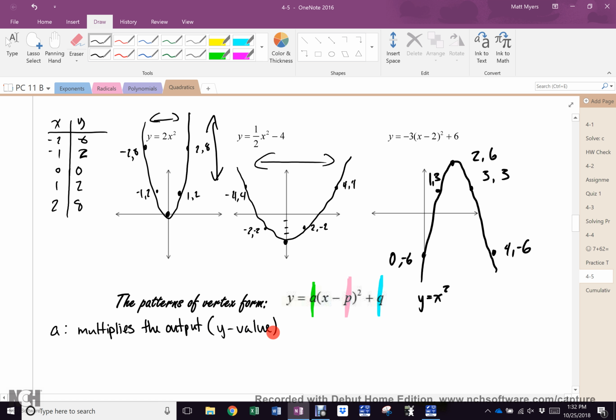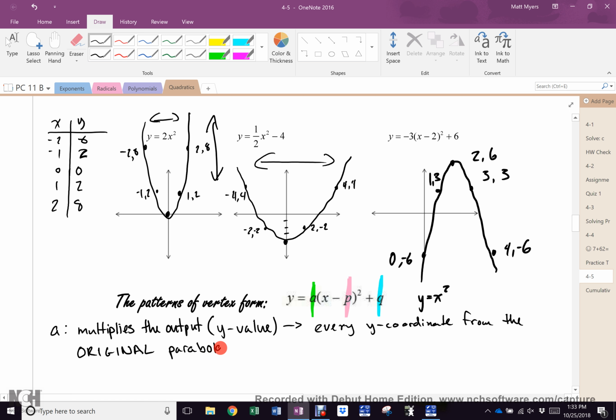Multiplies the output. What does that mean in plain English? Every Y coordinate from the original parabola, which is what?